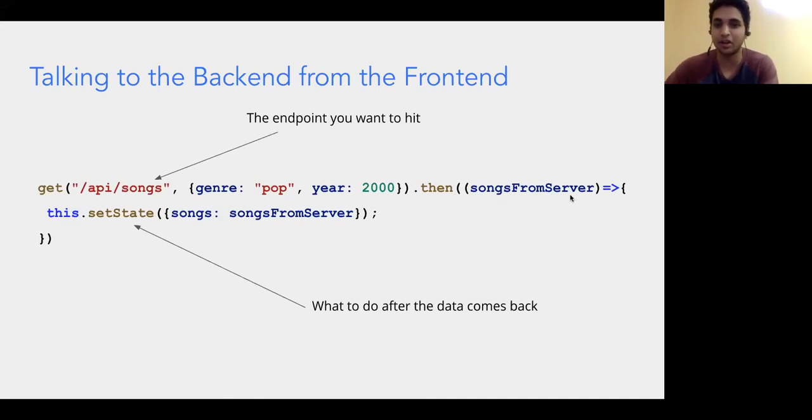Maybe all the songs from the server. Shout out to the people trying to use the Spotify API. And then after that happens, you will do something with the songs. For example, you might set the state to be the songs from the server. So yeah, that's how you talk to the backend.